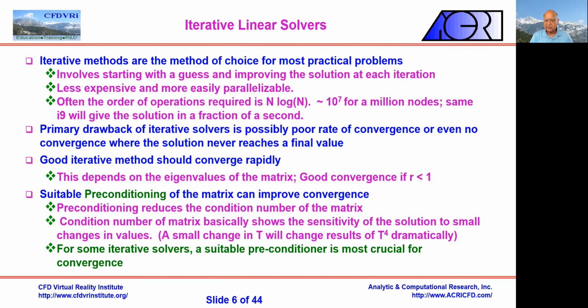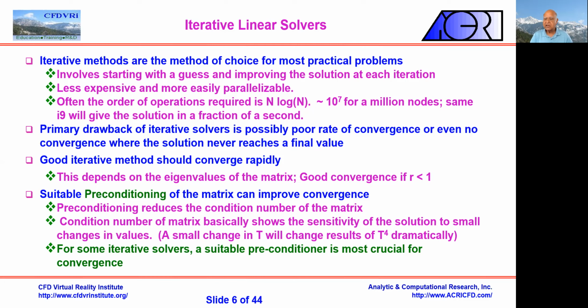The condition number of the matrix basically shows how sensitive the solution is to small changes in value. Take a case where some coefficient, like a radiation heat transfer, may depend on T to the 4. So a small change in T will create a big change in the result.